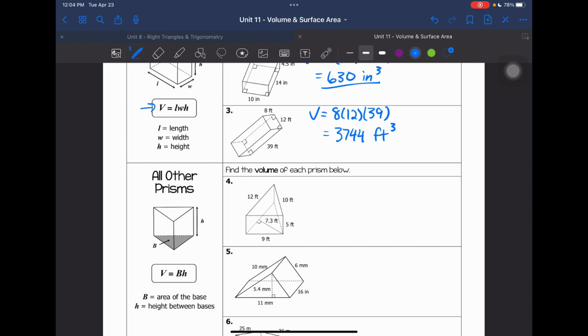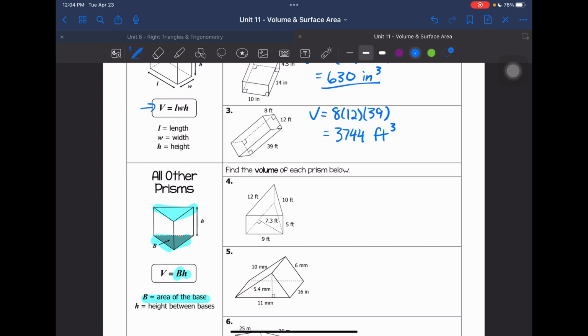When you're dealing with another type of prism, such as a triangular prism, trapezoidal prism, or some other type of prism, the formula is a little bit different. It's going to be capital B, which stands for area of the base, times the height. In this example, we have a triangular prism, and I just highlighted the bases.